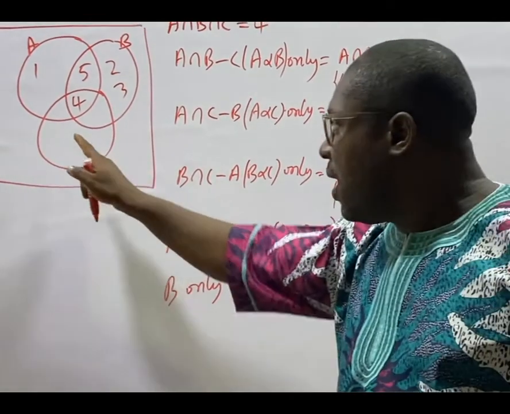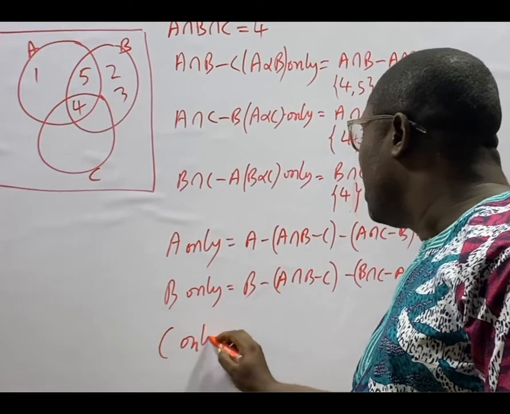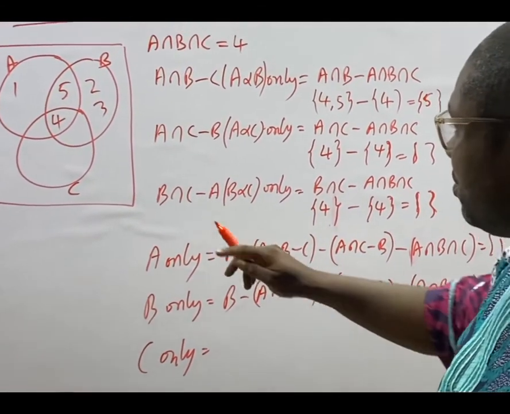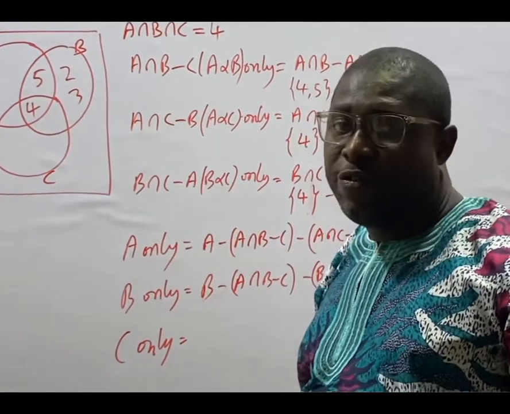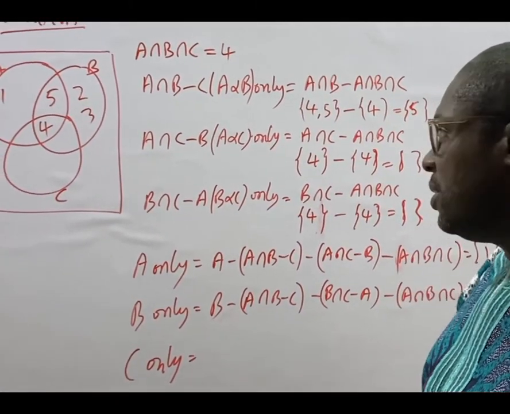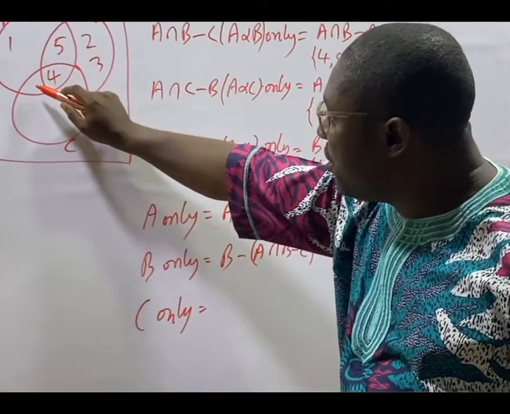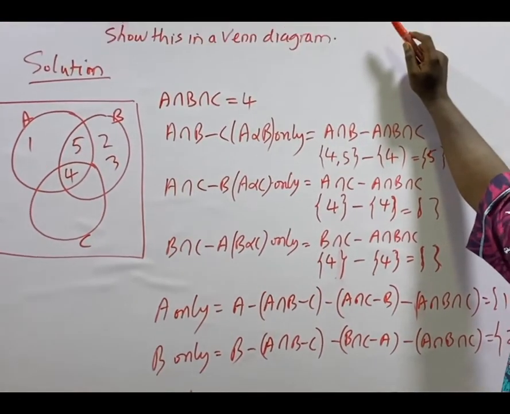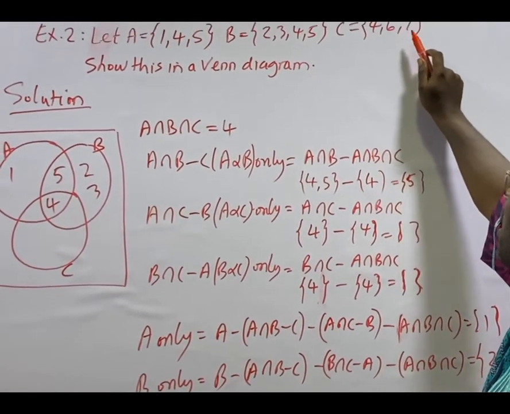The next one is C only. How do we get C only? Now, C only, look at C. For C, only 4 has been taken, nothing here and nothing here. So let's come up to C. Are you following me? C, 4 has been taken, so we're left with 6 and 7.